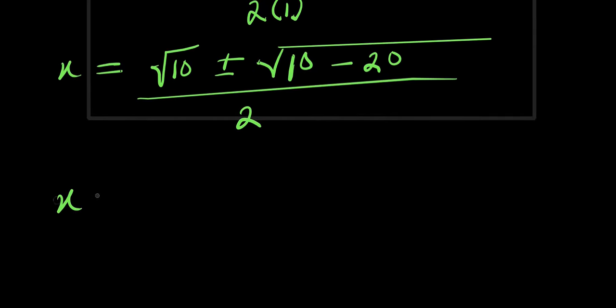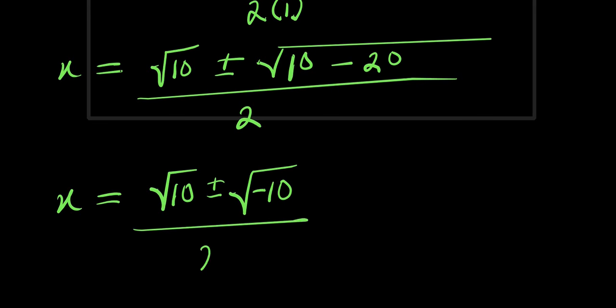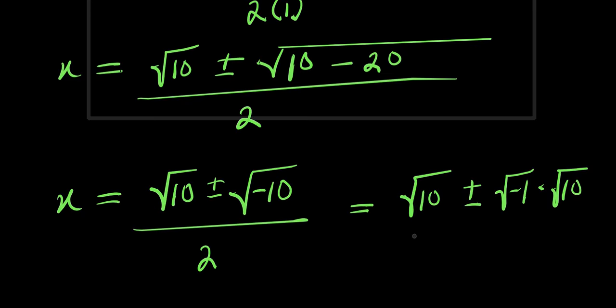From here, x equals root 10 plus or minus the square root of negative 10, divided by 2. This is root 10 plus or minus the square root of negative 1 times the square root of 10, divided by 2.